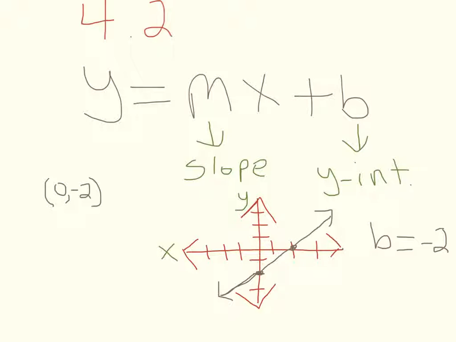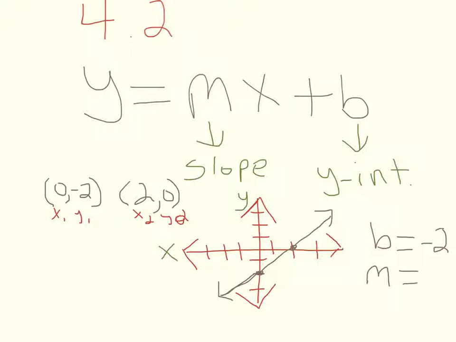And the other point is (2, 0). I could label them x sub 1, y sub 1, x sub 2, y sub 2, and then use the slope formula. That is one way to find the slope of this line.